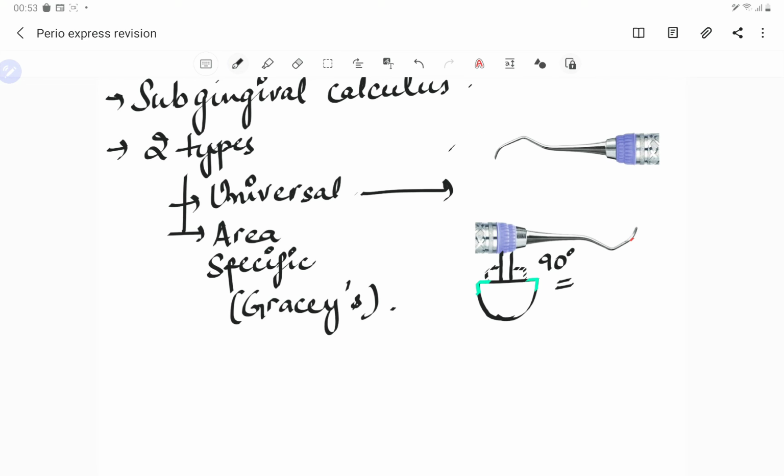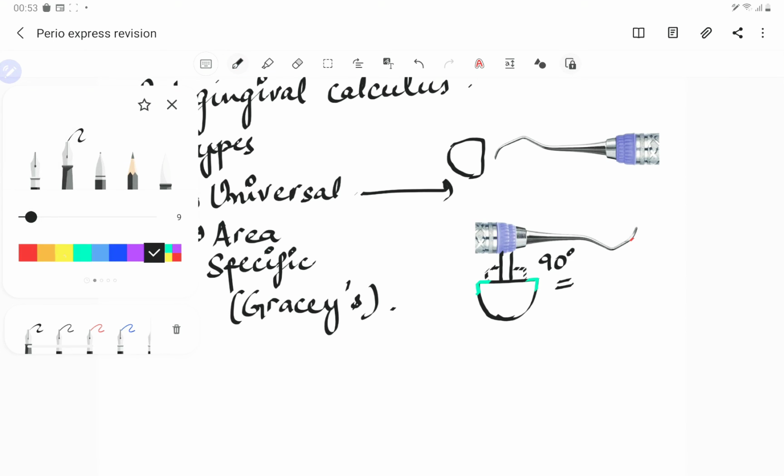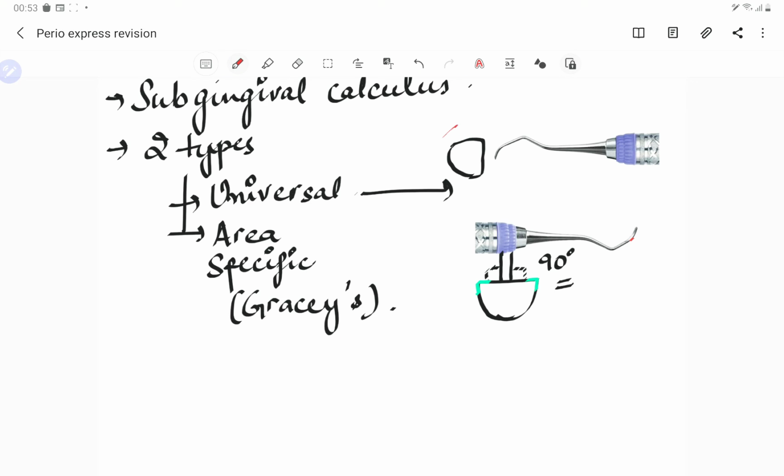Suppose this is the maxillary anterior teeth, and these are the patient's lips, suppose the upper lip, in this lateral view I am showing you. We make this parallel to the long axis of the tooth, and then we apply strokes like this, from the midline of the tooth surface to the proximal surface.